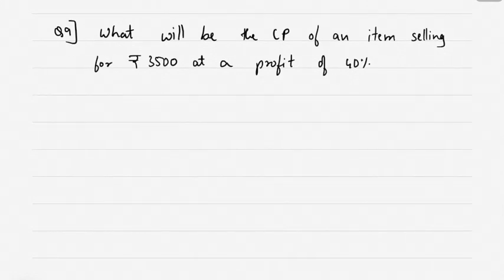What will be the cost price of an item selling for rupees 3,500 at a profit of 40%. You have to find the cost price. Selling price is given. Okay. And profit percentage is 40. So let cost price be 100.